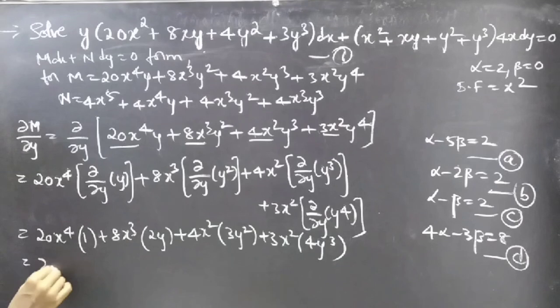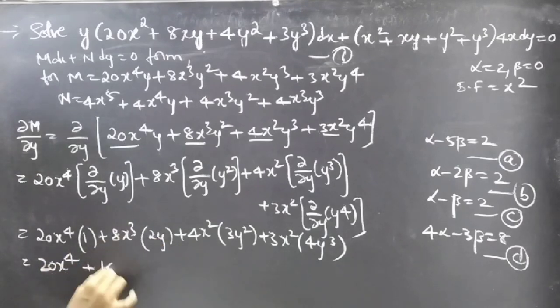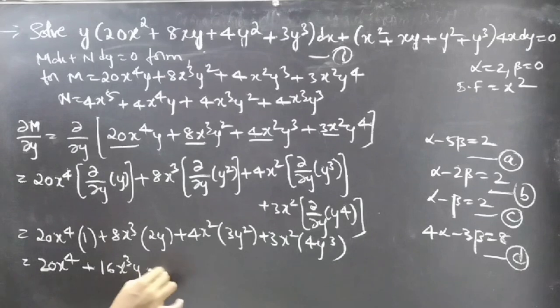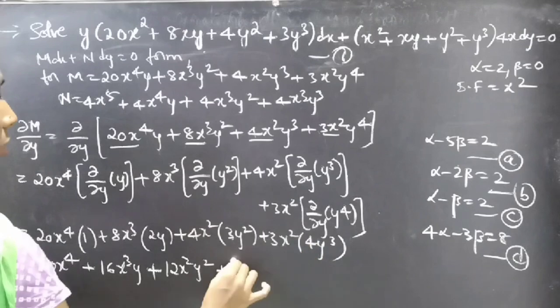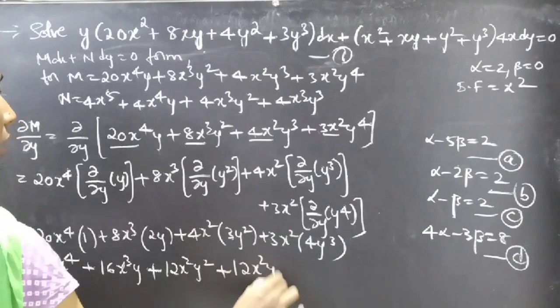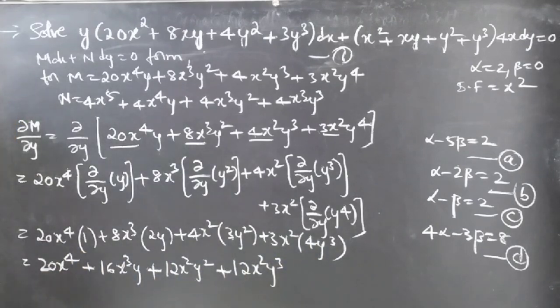Which gives us 20x power 4 plus 16 x cube y plus 12 x square y square plus 12 x square y cube. Now we got the value of the partial derivative of M with respect to y.